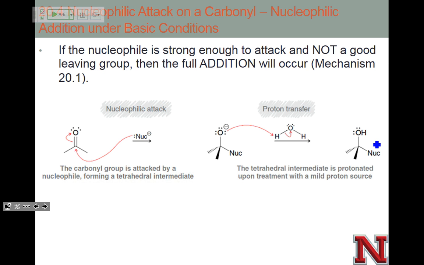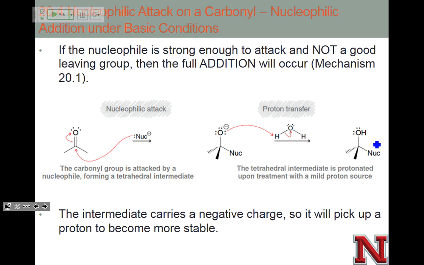So once we do that reaction, the reverse reaction is really unlikely. But what if we had a nucleophile like oxygen, where oxygen is an okay leaving group? Then we do have the possibility of reversibility. So we have to consider that with our nucleophile. Notice our intermediate carries a negative charge, because if we're typically talking about reacting with a very strong nucleophile, that's going to be the case.